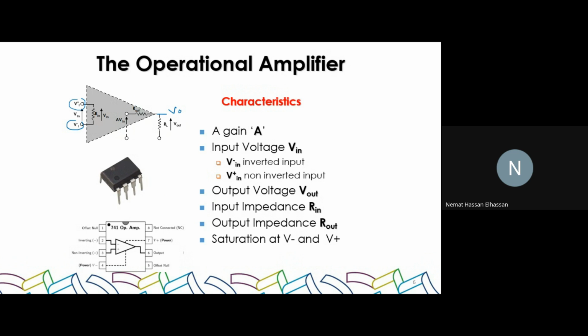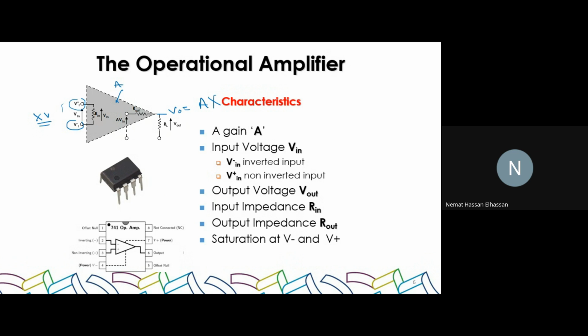So if the difference between the input terminals is a value, let's say X volts, and the gain here is A, V out will be A times X. If the input is 2 volts and the gain is 3, the output will be 6 volts. If the input is 4 volts and the gain is 3, the output will be 12. So whatever input you multiply by the gain will give you the output.